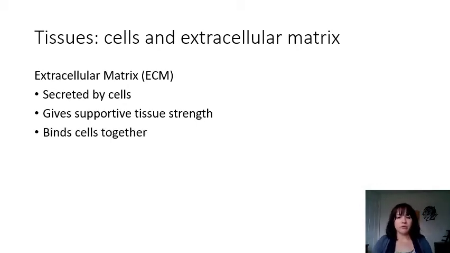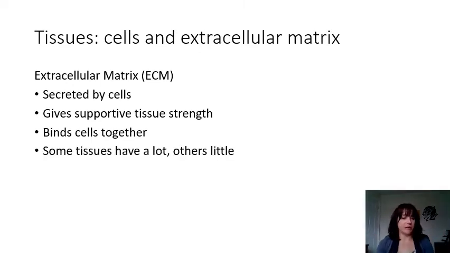It's also important for helping cells to interact or bind to each other. Some cells will be very closely interacting and bind to each other directly and have very little extracellular matrix, whereas in other tissues the cells are rather few and far between. To hold that tissue together, the extracellular matrix is really important.